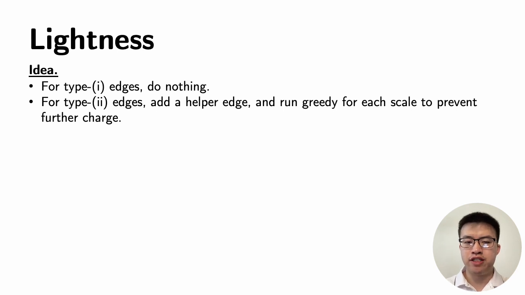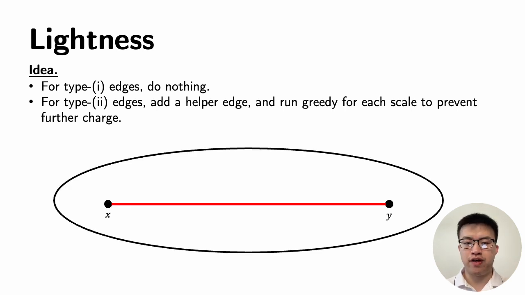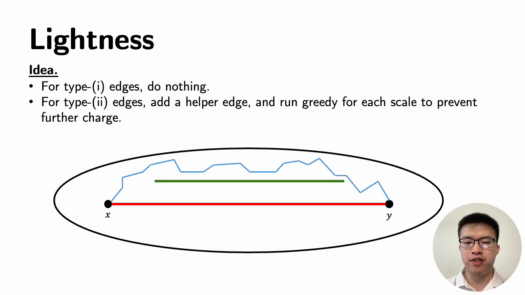So for each type 2 edge, we add a helper edge, and then we run greedy for each scale to prevent further charge. For example, assuming xy is a type 2 edge, we add a helper edge which is roughly in the middle of xy and has length proportional to xy.